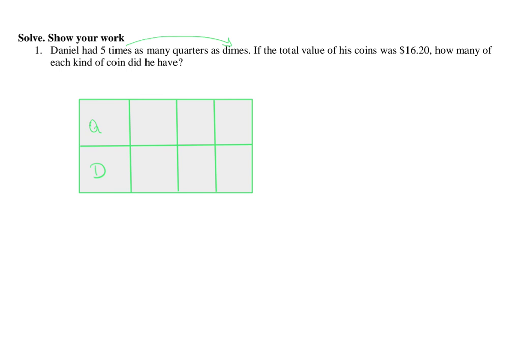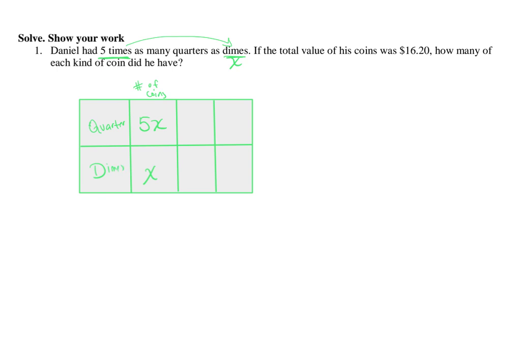But they relate the quarters back to the dimes. So I'm actually going to do my variable for my dimes. I'm going to say that X is dimes. If my X is dimes, how would I write 5 times as many dimes? 5x. Yeah, it's just going to be 5X. So this is the number of coins for my quarters and my dimes.